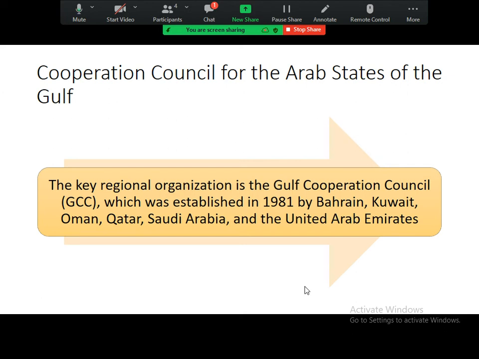Now we will talk about the Cooperation Council for the Arab States of the Gulf. The key regional organization in the Gulf, the Gulf Cooperation Council, called the GCC, was established in 1981 by Bahrain, Kuwait, Oman, Qatar, Saudi Arabia, and UAE.